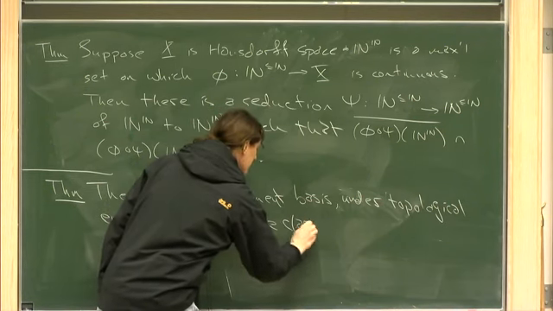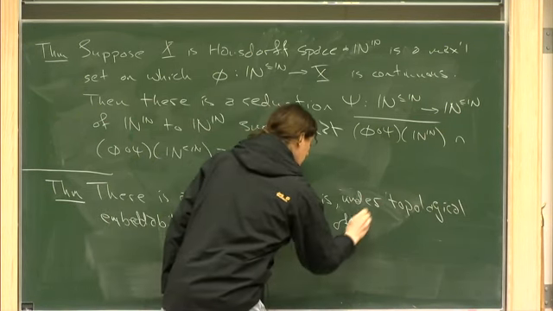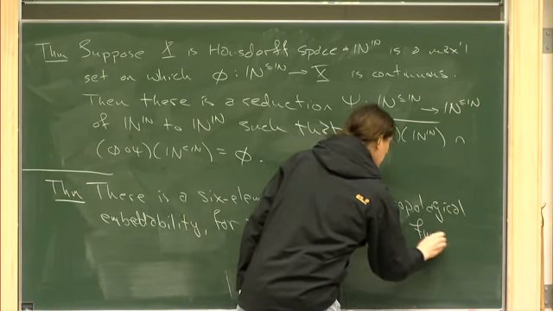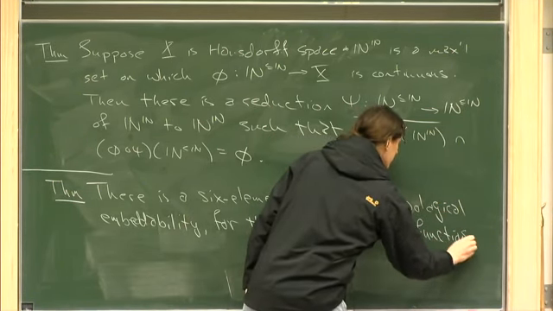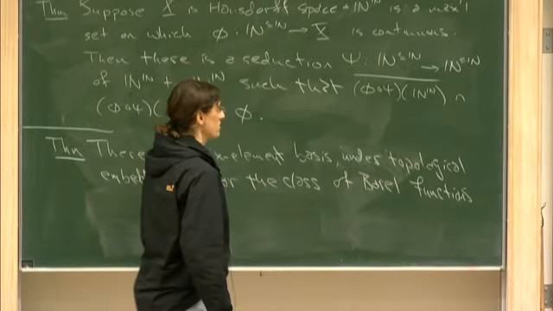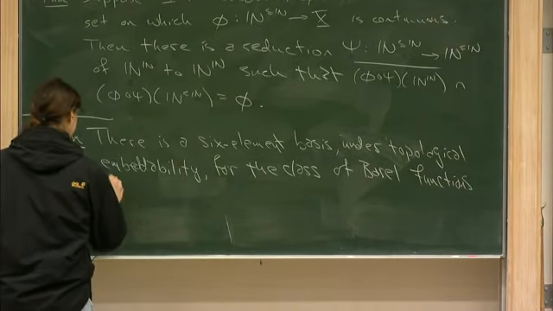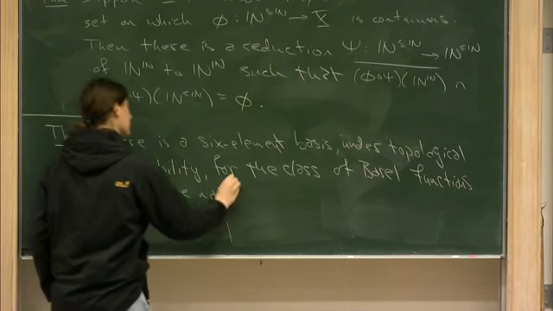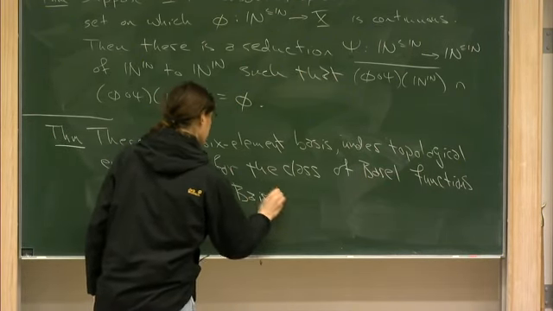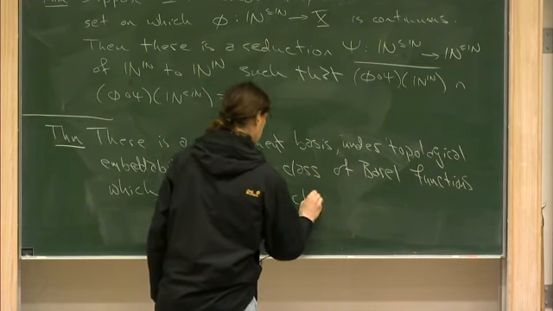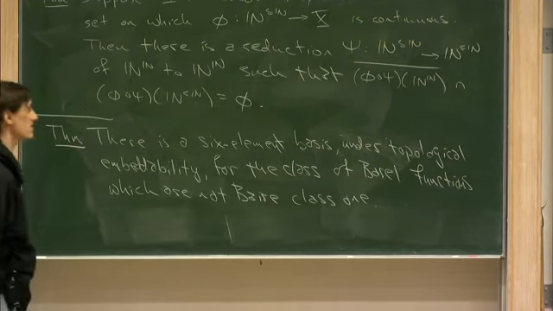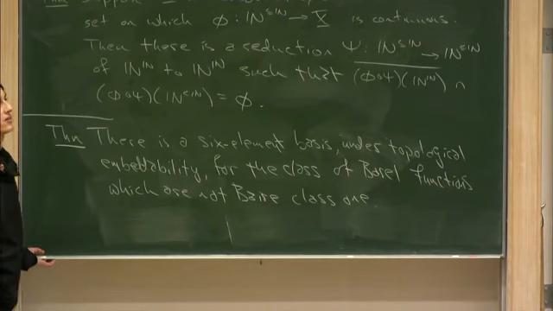For the class of Borel functions which are not Baire class 1. And when I say Borel functions, I mean from an analytic Hausdorff space to a second countable metric space.